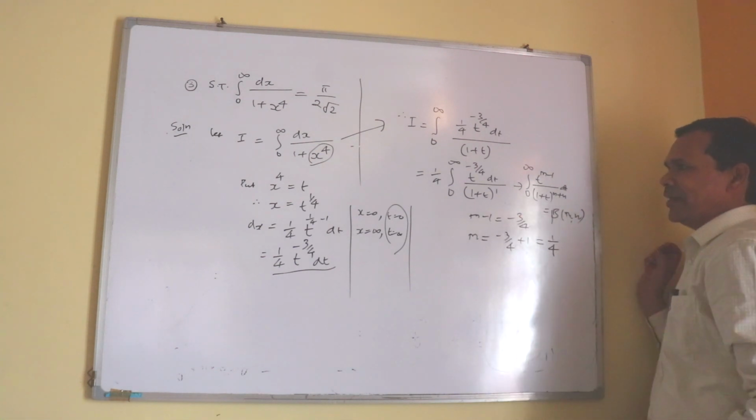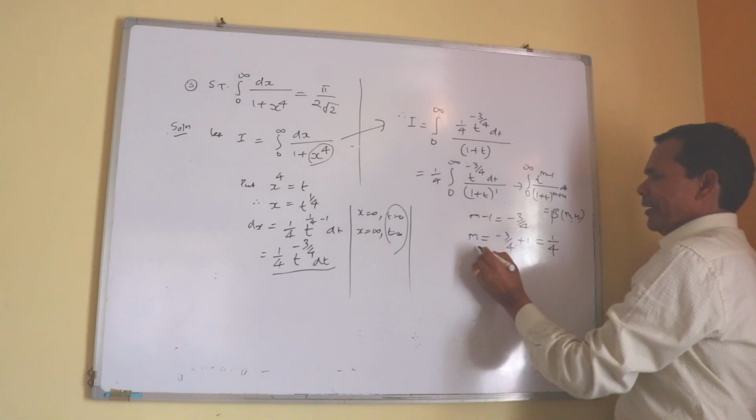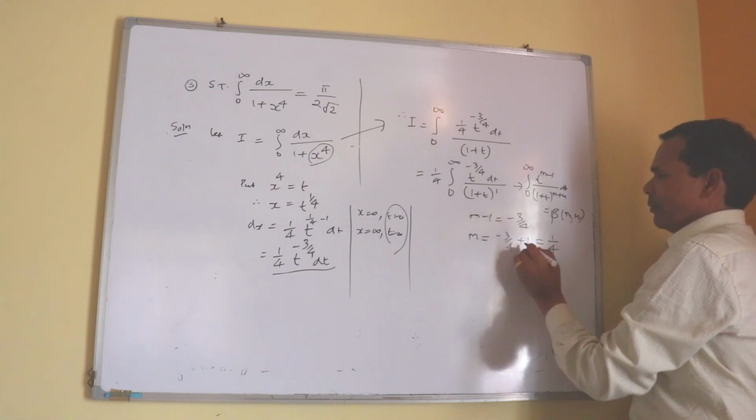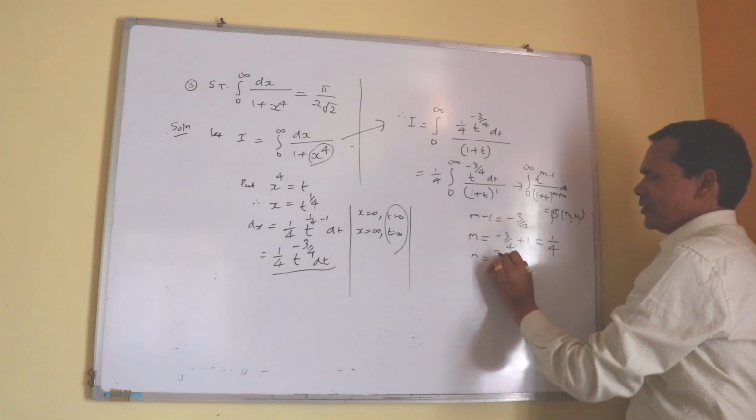So you can write down this as m is 1 by 4, so naturally m plus n is 1, then n naturally it is 3 by 4.